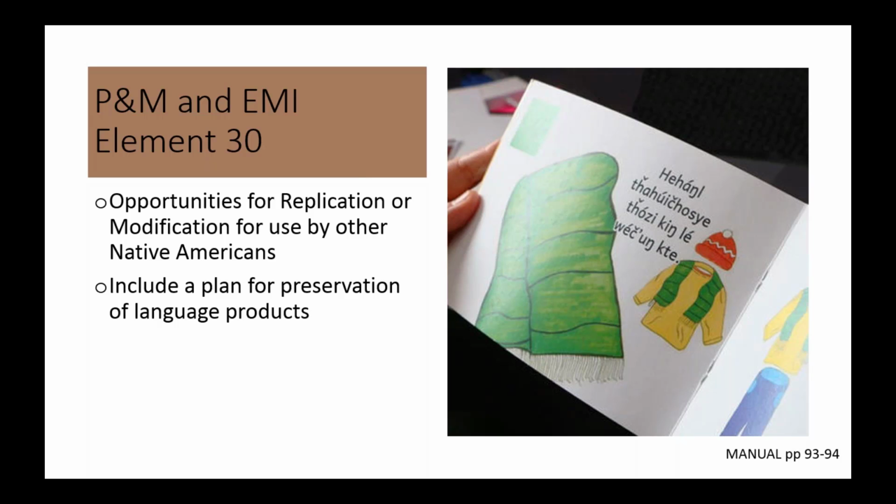So the types of things you might be developing that need to be shared, that ANA would like to know how we can share, would be your materials, whether you're doing books or apps or curriculum, any software apps or equipment that you're using, how that can be shared. You need to provide the description of the method and how the method can be modified or replicated by others, and how to best store those materials.